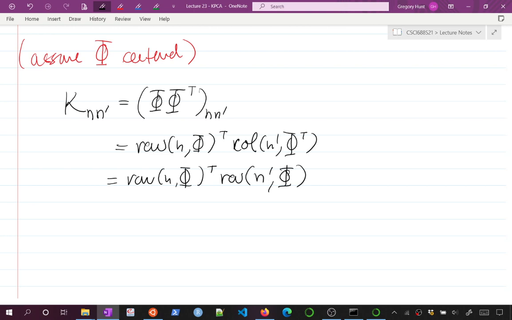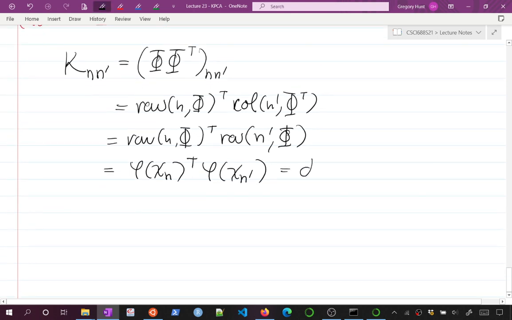So the elements of this kernel matrix, phi phi transpose, which is n by n, are the dot products between rows of my embedded data matrix. And what is the nth row of capital Phi? It's the embedding of that nth observation. So this is phi of xn transpose phi of xn prime.